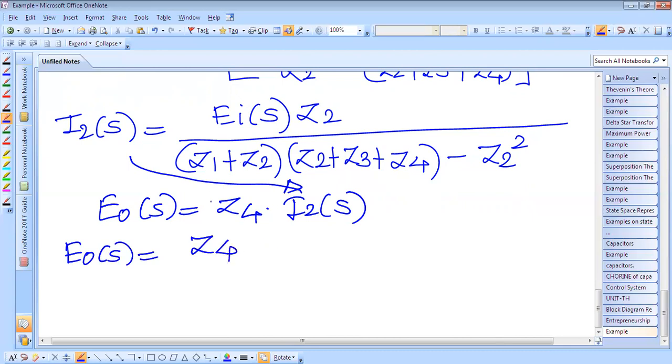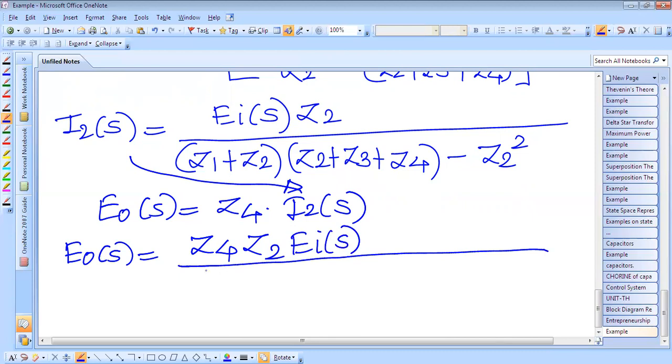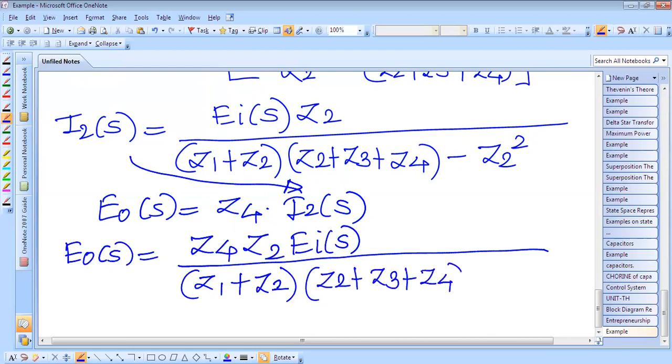Sorry, Z4, yes, Z4 and I2 of S is Z2 EI of S divided by the same term, that is Z1 Z2 plus Z3 plus Z4 minus Z2 square.